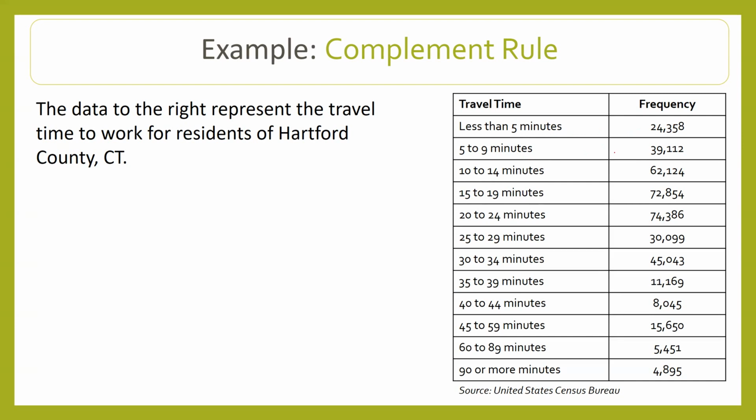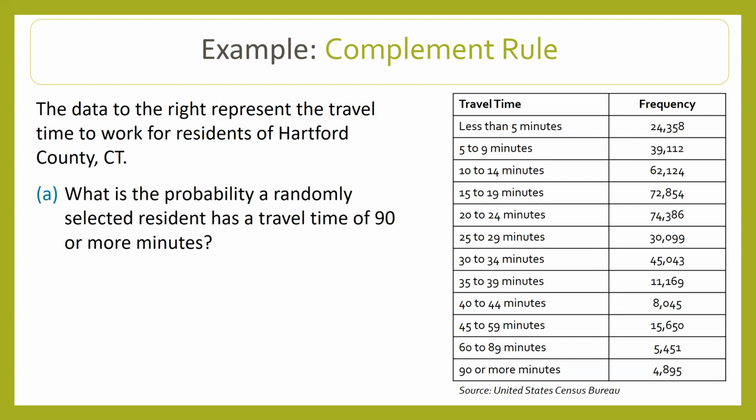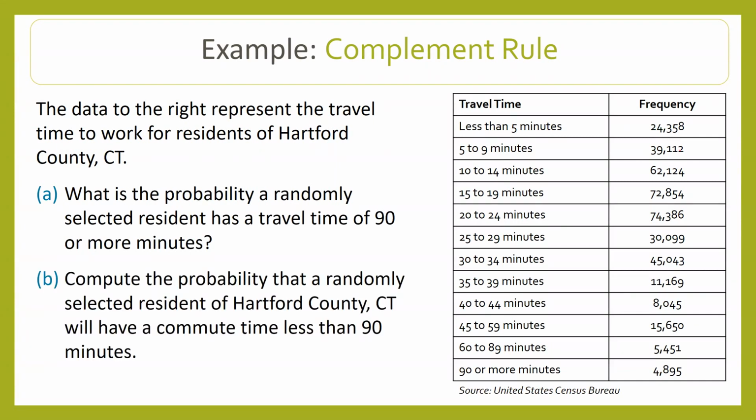Between 5 to 9 minutes, they are 39,000 plus, and so on. What is the probability a randomly selected resident has a travel time of 90 or more minutes? Okay, first question. Second question, compute the probability that a randomly selected resident of Hartford County will have a commute time less than 90 minutes.